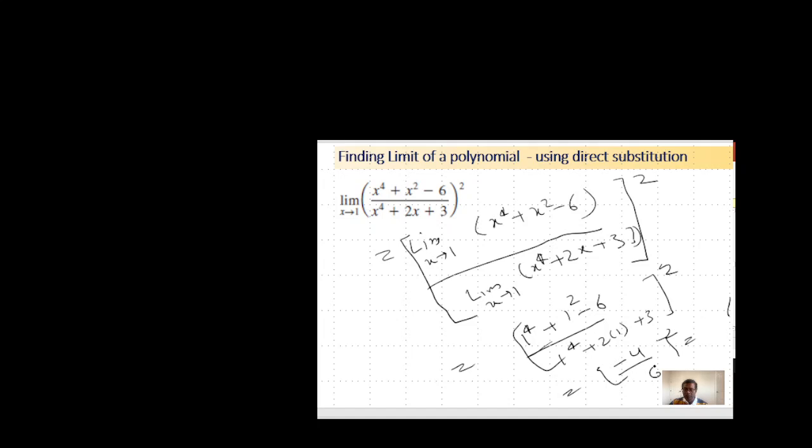We can simplify this one, so it's going to be minus 2 over 3, to the power of the square. This gives me 4 over 9. Okay, I hope you are following me.